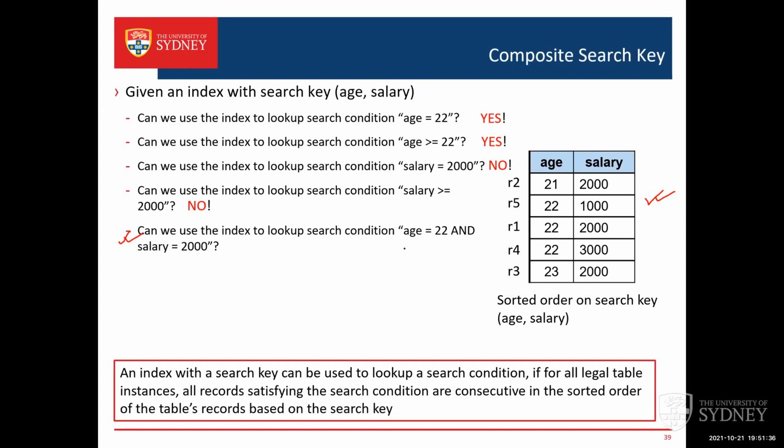Yes, we can use this one. First we figure out whether age is equal to 22. If age is equal to 22, then based on there everything is sorted, so we can use the salary condition as well. What about greater than? Definitely yes.